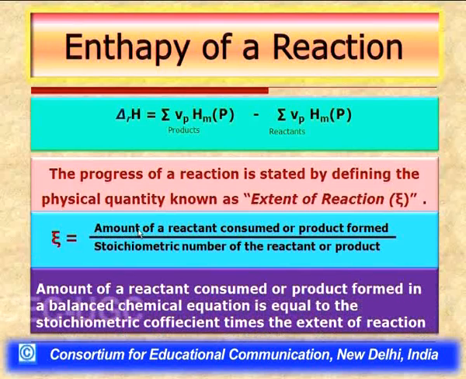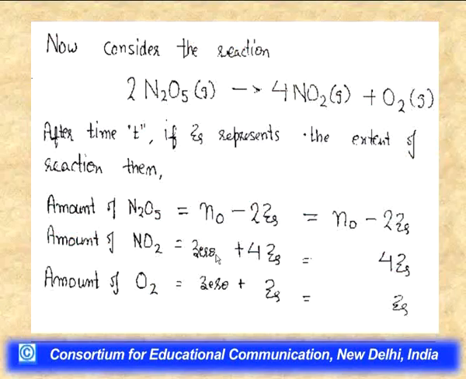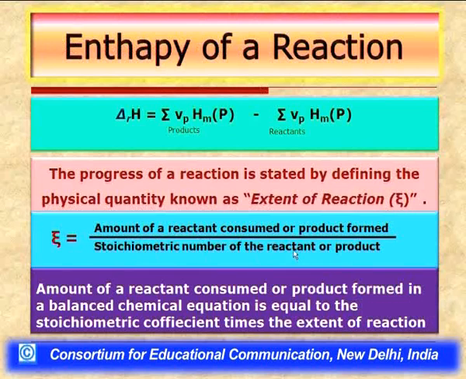So, if we want to determine, after any point of time, the amount of reactant consumed or product formed, all we need to do is, if we have the extent of reaction, multiply it with the stoichiometric coefficient of that particular reactant or product. That will give us the amount of reactant consumed.